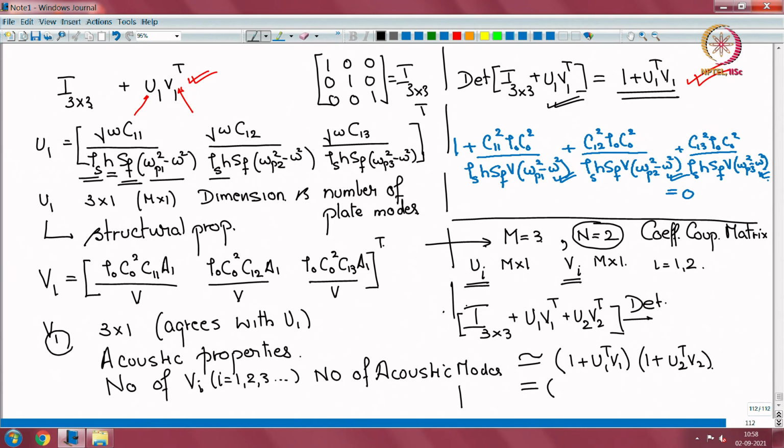Exactly it is this product plus some extra terms. These extra terms become negligible provided the fluid loading is low, that means fluid density is small compared to the plate density. So this approximation becomes better and better as the fluid density relative to plate density goes down.